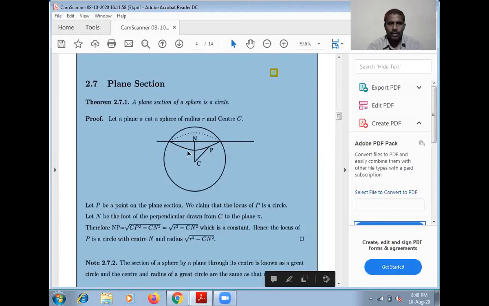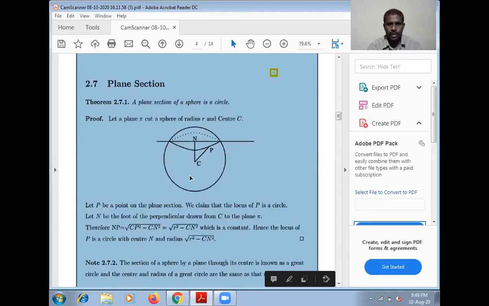So here n is the foot of the perpendicular drawn from c to the plane. Now join these two: this is p, this is np. What is np? From triangle CPN, np equals root of cp square minus cn square.